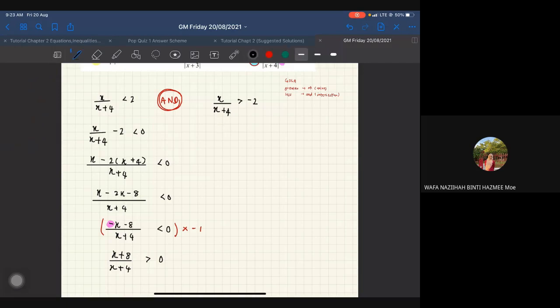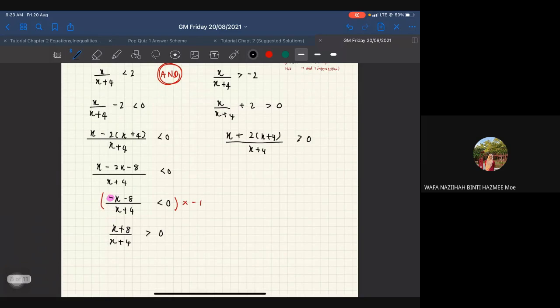Okay, and then we equate the denominator. So we have x plus 2 times x plus 4, and then over x plus 4 greater than 0. Okay, so now we expand. So we have x plus 2x plus 8 and then over x plus 4 greater than 0. Okay, so simplify our numerator some more.